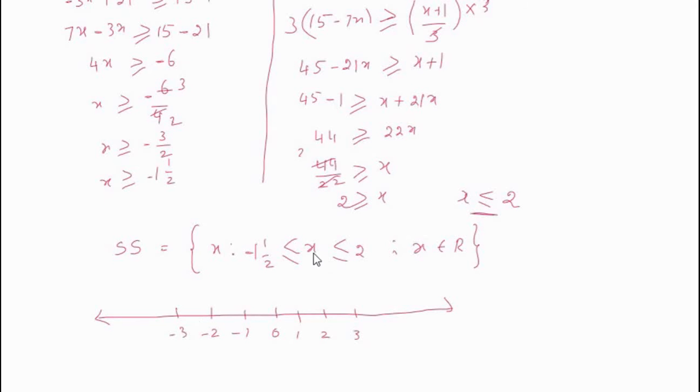So x is greater than or equal to minus 1 by 2. Let us represent minus 1 by 2. Now this is to the left side of minus 1, so this is minus 1 by 2, and x is less than or equal to 2, so this is 2. So this is on the number line and need not separately represent this.